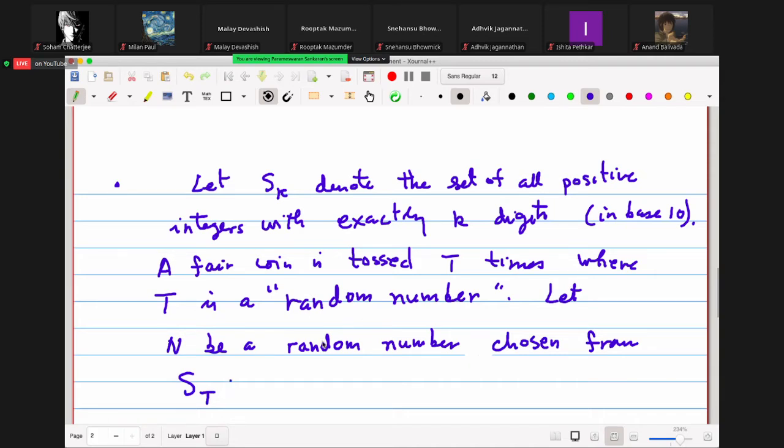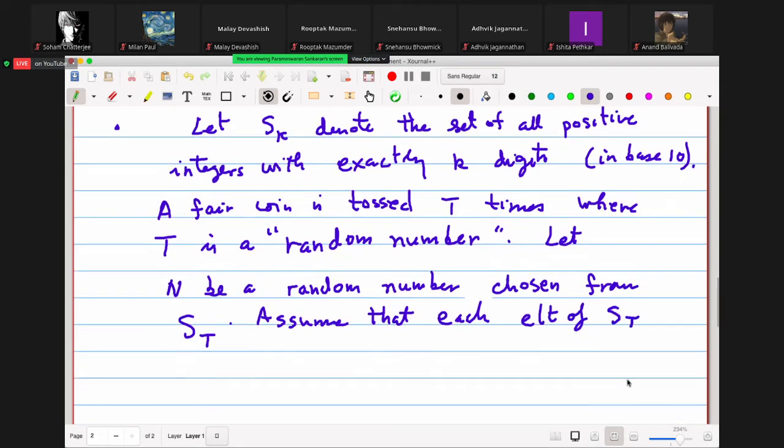Assume that each element of S_T has equal chance or probability of being chosen. In other words, you just pick a number, capital N, from the set of positive integers.